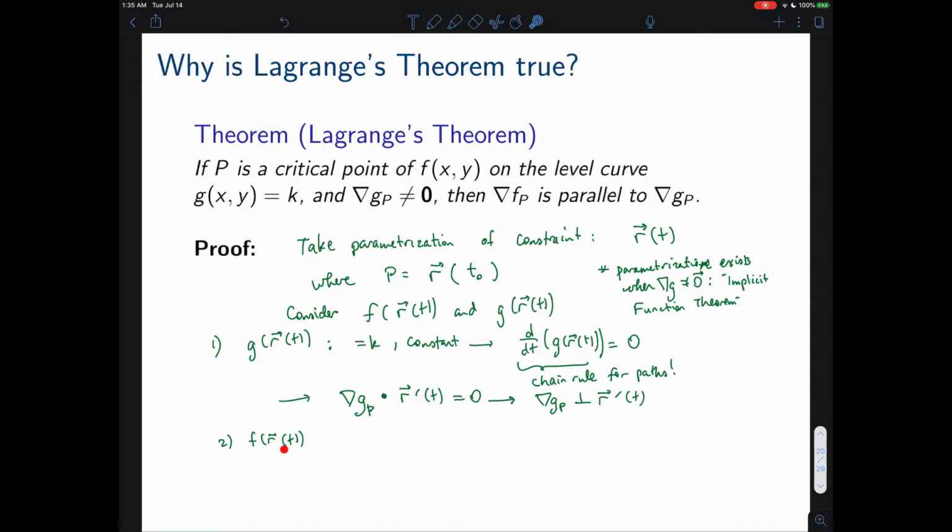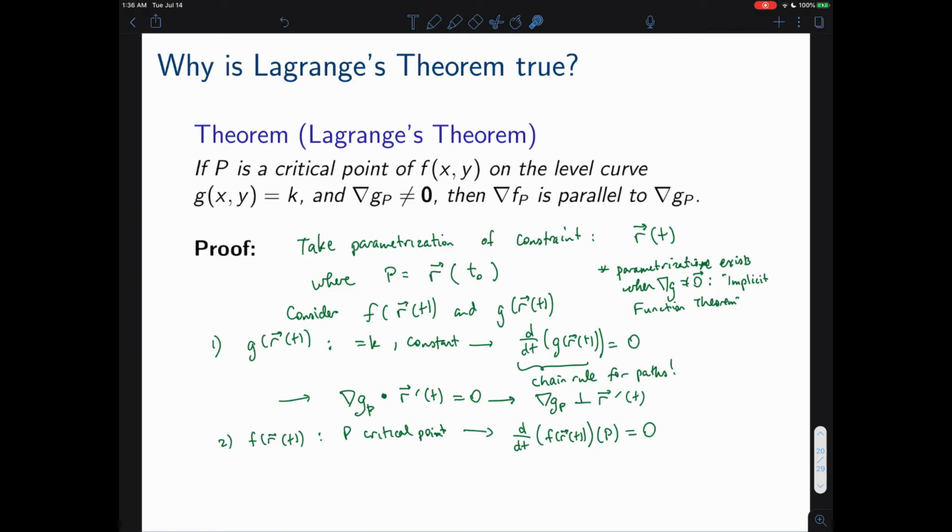But what we do know is that P is a critical point, and that tells us that the derivative of f of r(t), well, I don't know if it equals 0 in general, but I do know that at point P it equals 0. The first one was just equal to 0 in general, but this one is equal to 0 for that one point.